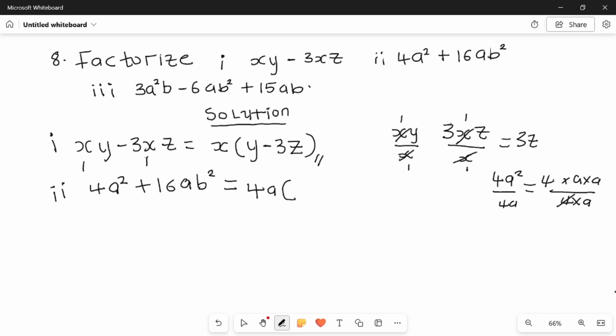So if we cancel 4 here, cancel 4 here, cancel a here, cancel a here, we're left with only a, right? So we write it here, a. Then plus times plus. There's an invisible plus here, right? Plus here times this plus will give us plus here.